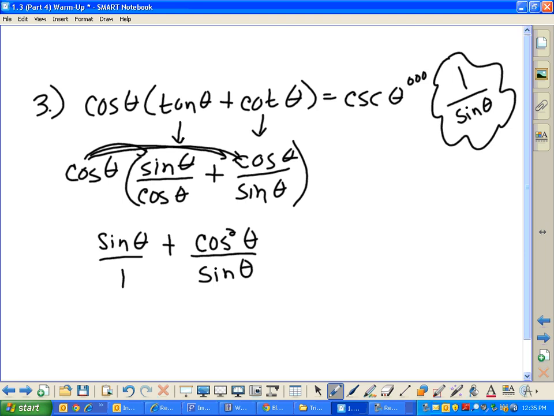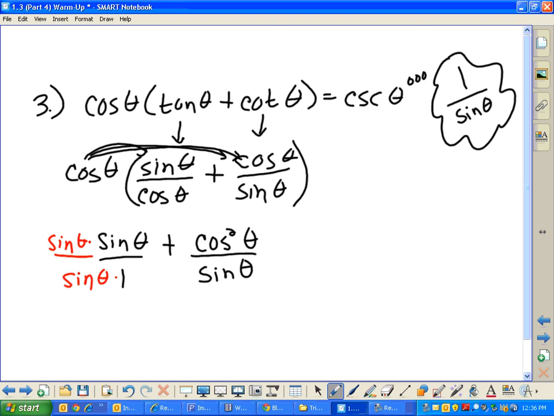So I need to identify the common denominator between sine and 1. What is that? It's just sine theta. You put them together, you get sine theta, right? So I have to multiply the bottom by sine of theta to get these denominators to be the same. What you do to the bottom of a fraction, you must do to the top.